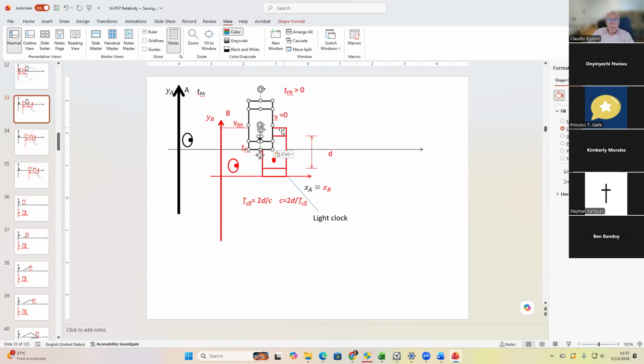I'm going to move this clock a little bit to the right. This one moved a little bit upwards, but this one, because it's moving faster, right? This photon should be a little bit ahead of the other one.